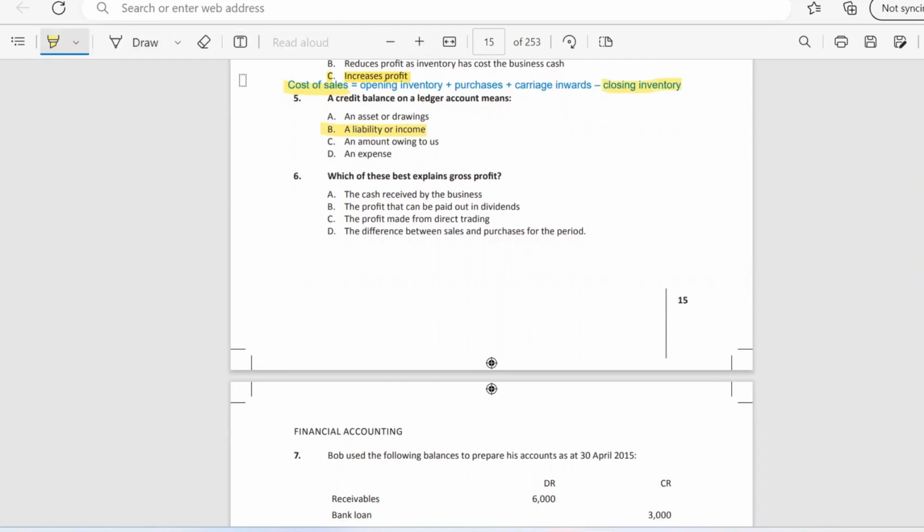So what are the items we use in the statement of profit and loss to show gross profit? First, it's our sales, then cost of sales, and after subtracting our cost of sales, we receive gross profit. Cost of sales may also be considered as purchases, so we can choose answer D.